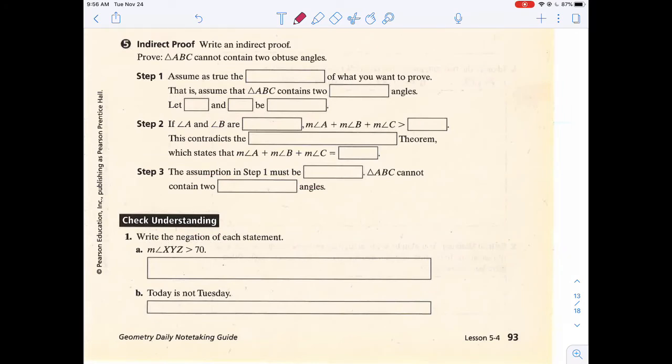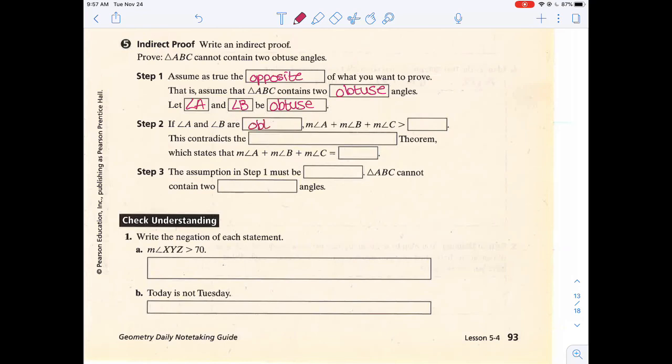All right, the last example is writing an indirect proof. We're proving triangle ABC cannot contain two obtuse angles. So we're going to assume true the opposite of what we want to prove. So we're going to assume that ABC contains two obtuse angles. We're going to let angle A and angle B be obtuse.